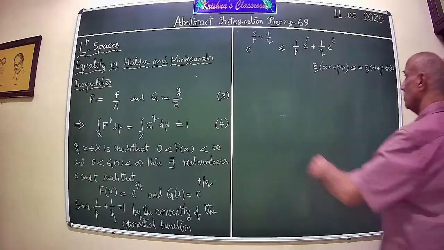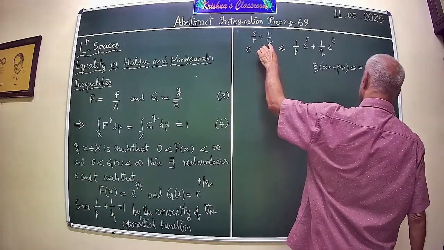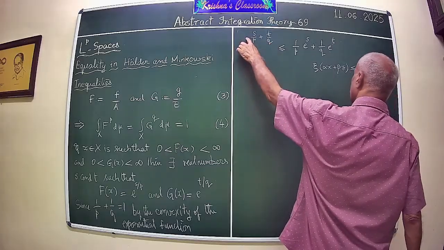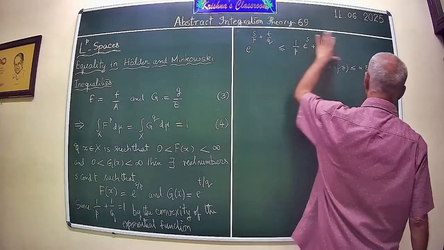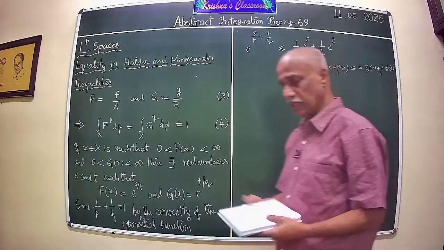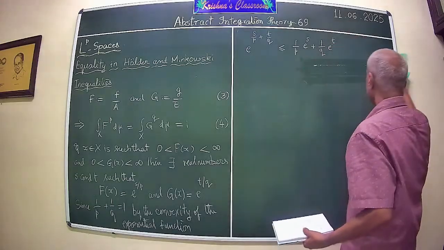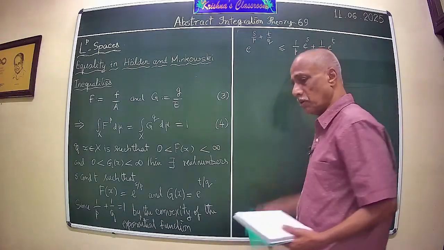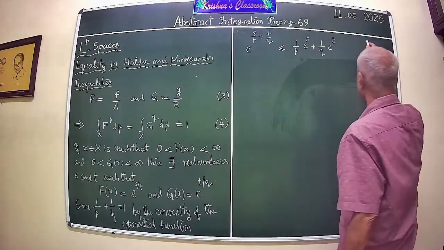This is psi of s by p plus t by q, where alpha is taken as 1 by p and beta is taken as 1 by q, and then you have this inequality. I just recall that at that stage, and that is straight away true from the convexity.